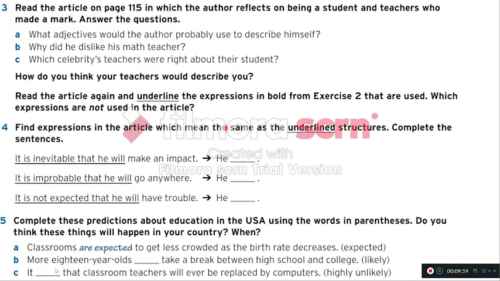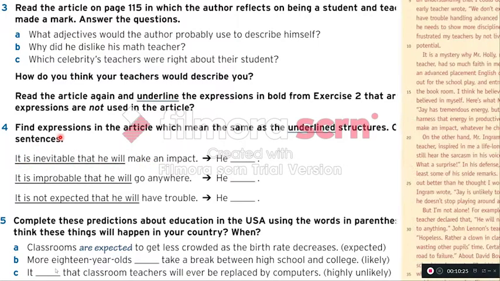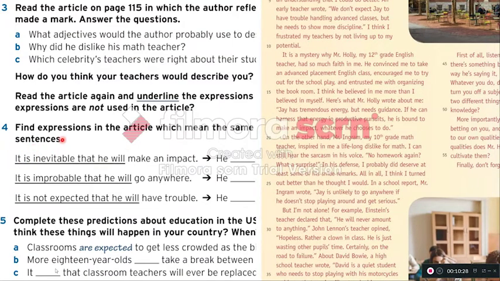Complete the sentences. So what you're going to do is take a look again at the lecture, but you're going to look for these sentences. Here they are using different words in the lecture. You have to see which words they are using. For example, in the first one, "it is inevitable that he will make an impact." In the lecture they didn't use "inevitable that he will make an impact."